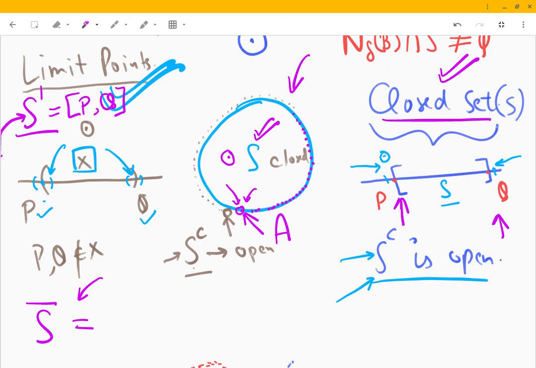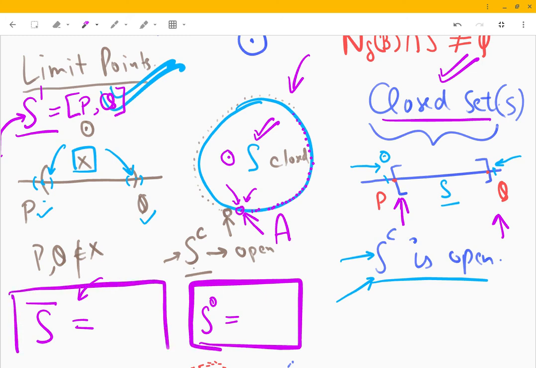Then there is one more thing: S interior, the set of interior points. Simple.